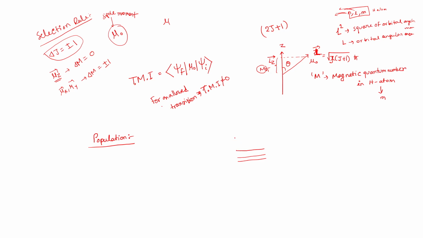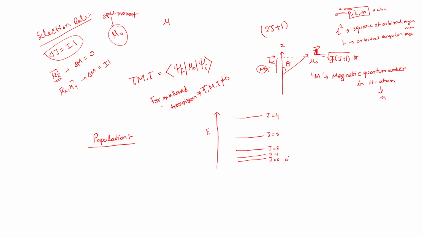So the energy gap increases, right? J equals to 0, J equals to 1, J equals to 2, 3 and 4. And this is the energy, right? So what is the energy of this level? 0, right?